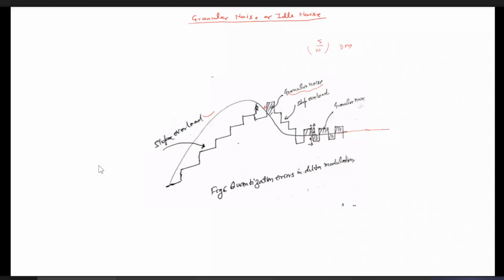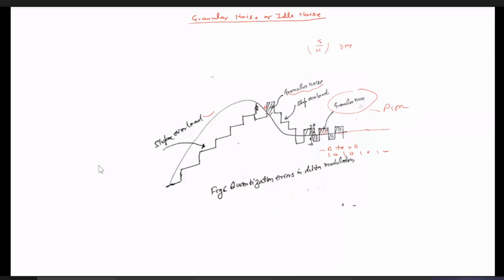So the total error in this case varies from minus delta to plus delta. At the output, the delta modulator output simply oscillates: minus delta, plus delta, minus delta, plus delta; we can say 1 0 1 0 1 0 like that. This is the major problem of delta modulation.